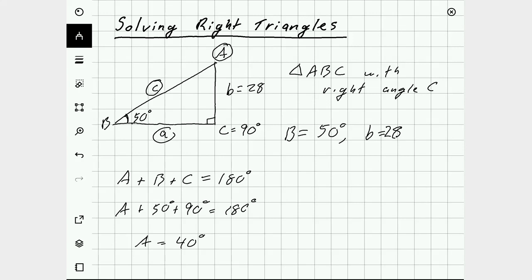Solving that, not too terribly challenging. I get that A itself is 40 degrees. Clearly the picture I drew here is not to scale, but that's okay. I've gotten that A is 40 degrees.